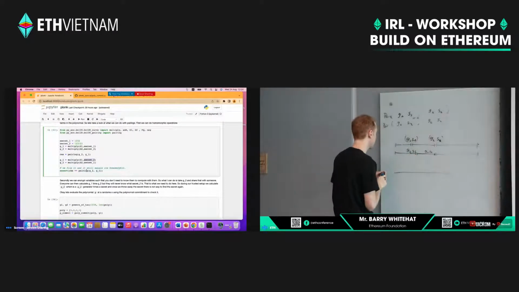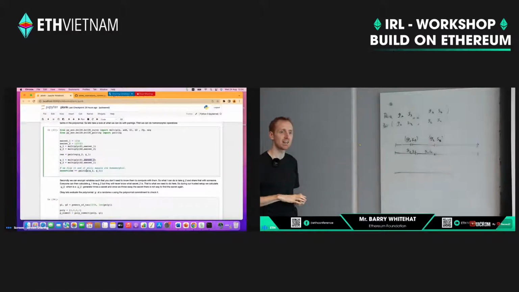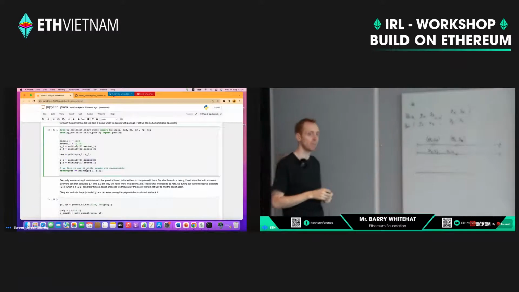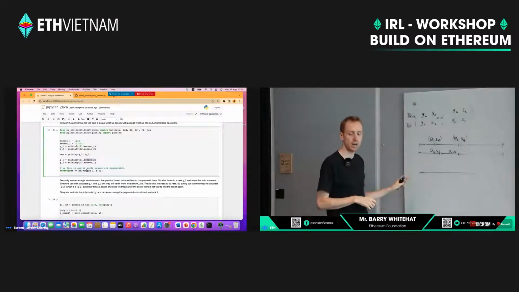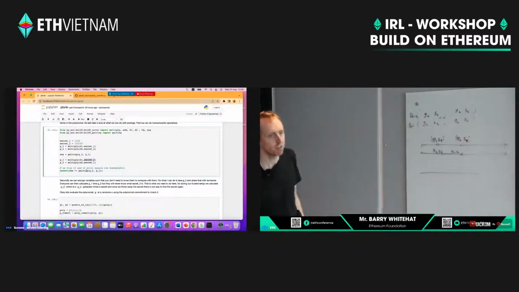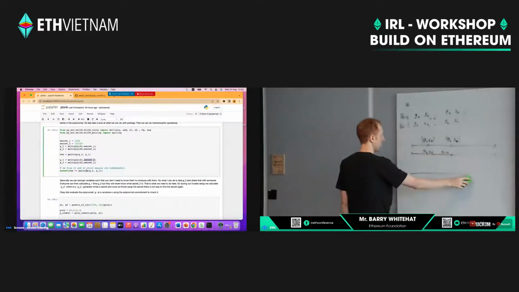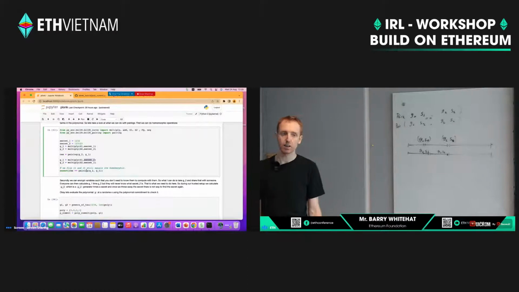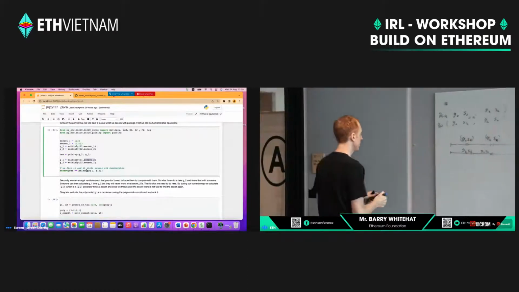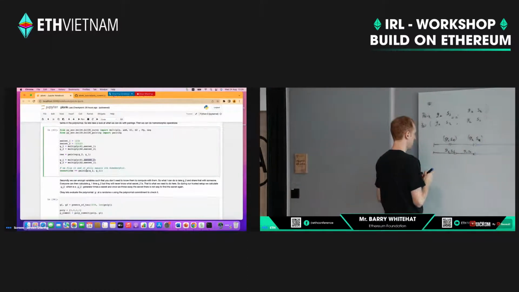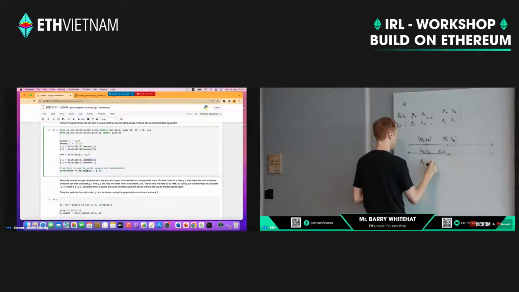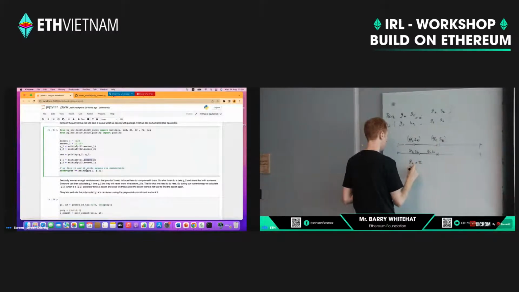Let's take an example of this and see if it actually works out, see if my understanding is correct. Let's go back to the integers. G1 and G2 are actually elliptic curve points, but let's just go back to the integers and see if we can have an example that makes sense. Let's say G1 equals 2 and G2 equals 4.